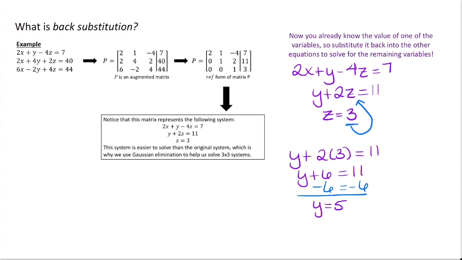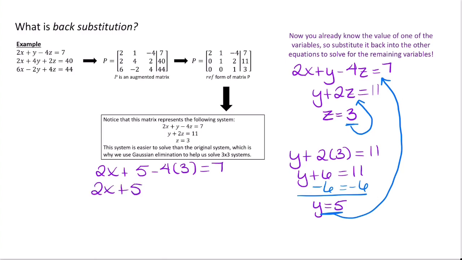Well, now I'm going to take this y and this z, and I'm going to plug them both into this first equation. So when I plug them into the first equation, I get 2x plus 5 minus 4 times 3 equals 7. So I have 2x plus 5 minus 12 equals 7.